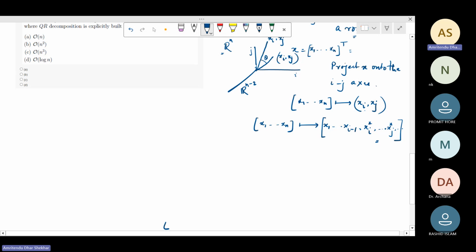So essentially what is happening is this. You know that in R2, any rotation by theta looks like this.